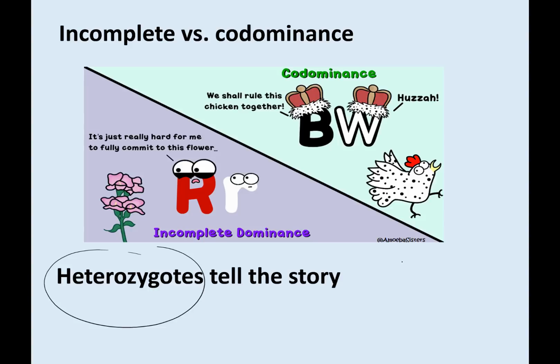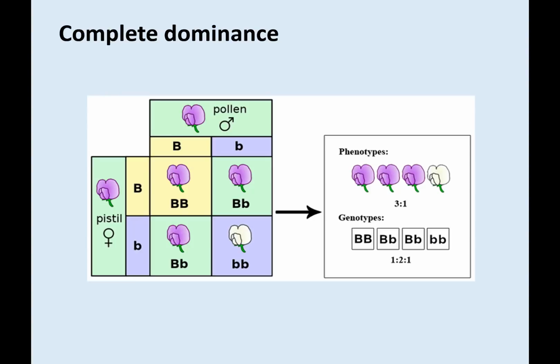Okay, so we have big B, big B, big B, little b, little b, little b. With classic dominant recessive, anytime you have a dominant allele, you get the dominant phenotype. So these are the classic ratios we were talking about in class. 3:1 phenotype from a monohybrid cross, a 1:2:1 genotypic ratio.